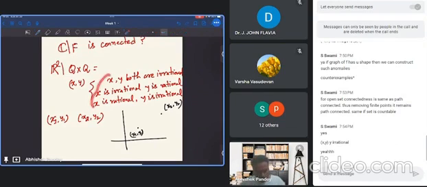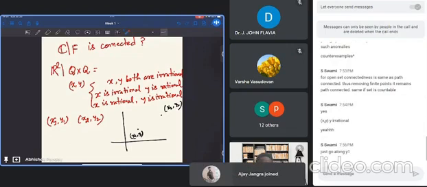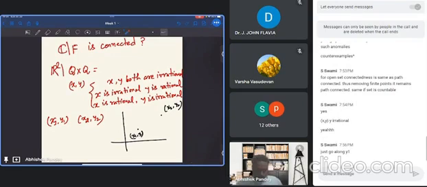Suppose x1 is irrational and y1 is rational, then how do we construct a path from here to here? Any idea? This is just a discussion, you can share your view on this one.